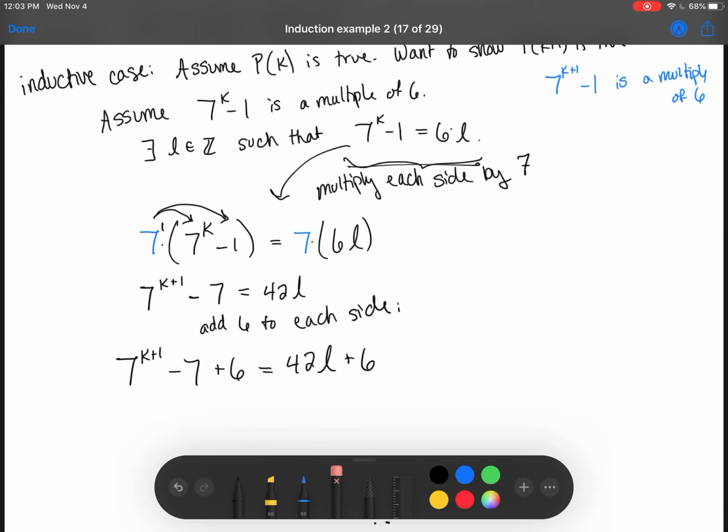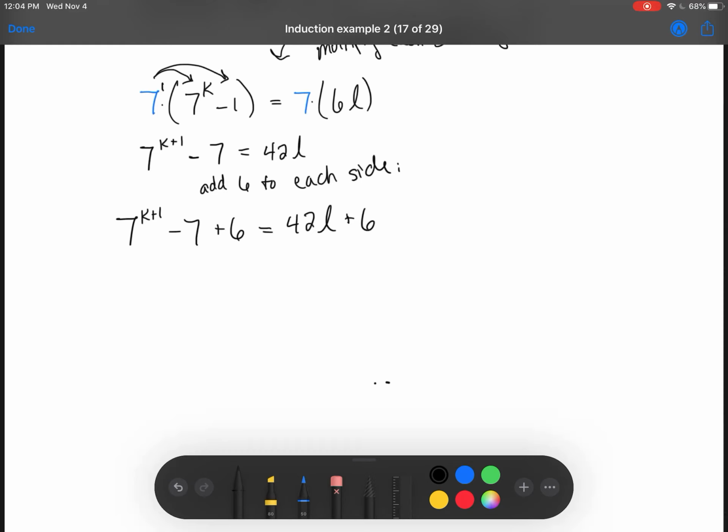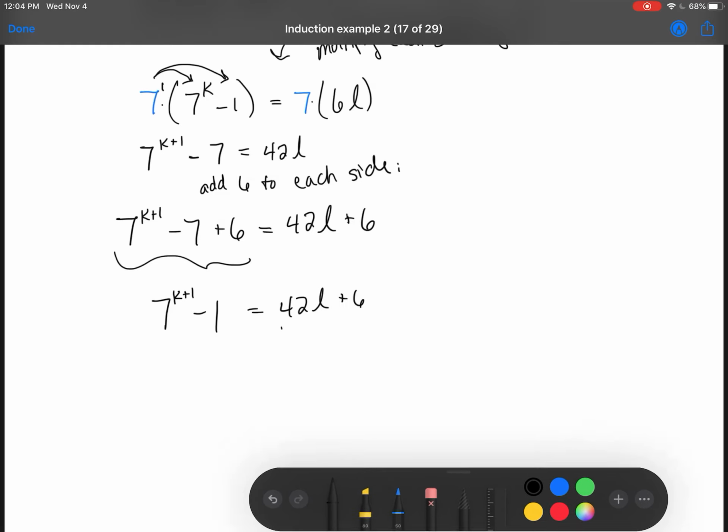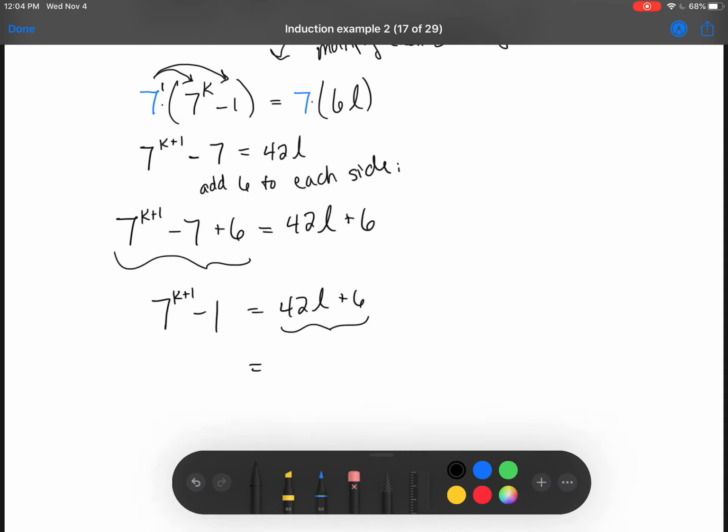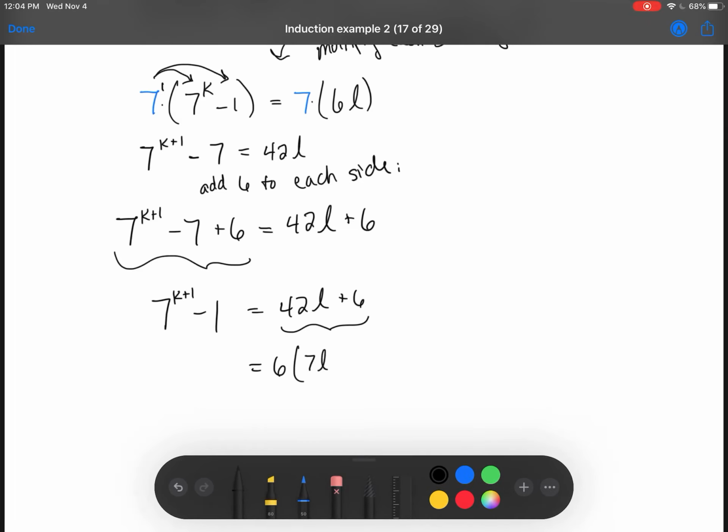Take a minute to make sure you believe that adding 6 to each side of the equation is valid. That doesn't change anything. Now when we simplify the left-hand side, minus 7 plus 6 would be minus 1. And on the right-hand side, 42L plus 6, both of those terms have a common factor of 6, so we can factor a 6 out, and we'd be left with 7L plus 1.